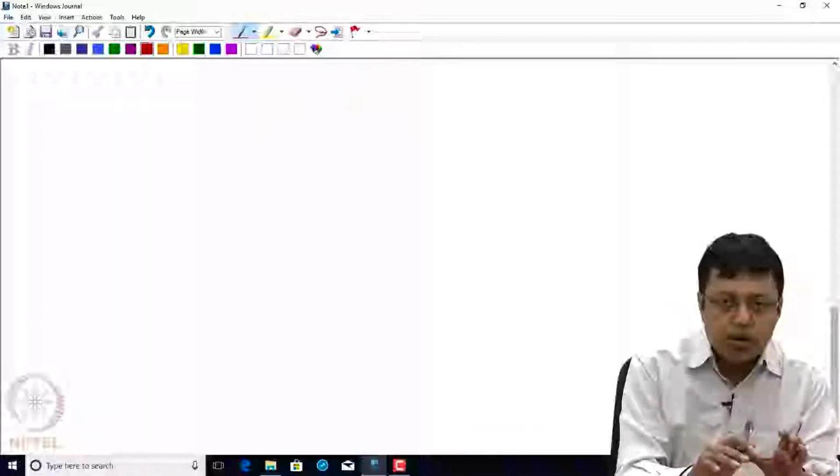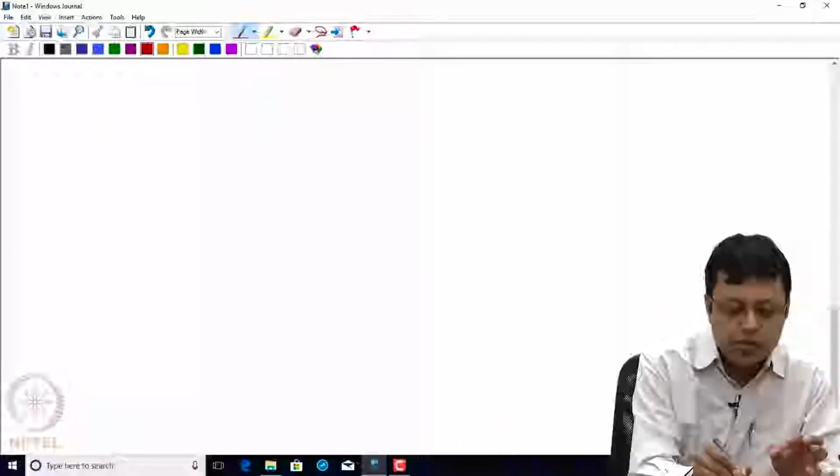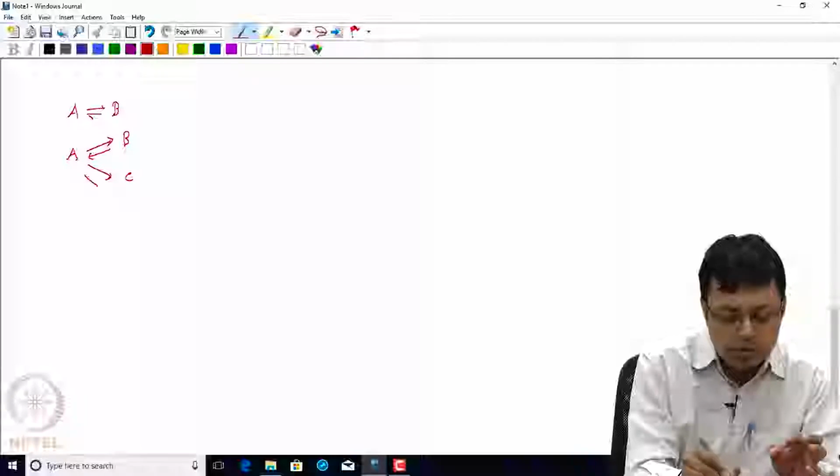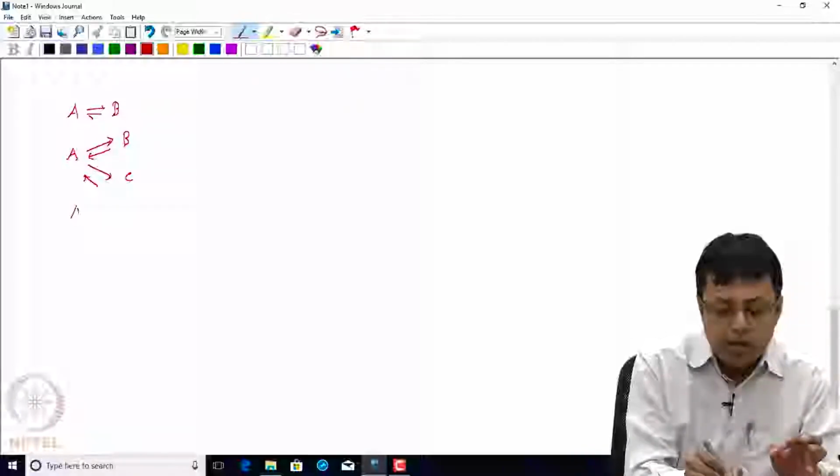Now all these examples which we gave, like irreversible reactions, or competitive reactions, where A is going to two different products, it can be reversible also, and then finally these consecutive reactions.